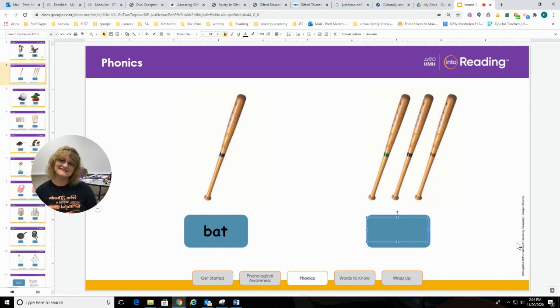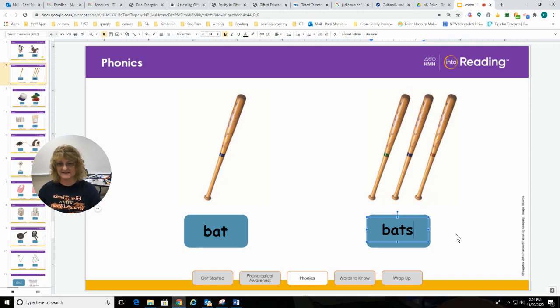I'm going to change it from bat to meaning more than one bat. To make it more than one, all I have to do is add the ending part, S. So my word was bat, and now it's bats. I have more than one bat. It could be two, it could be three, it could be four. It could be a lot of numbers because it just means more than one.